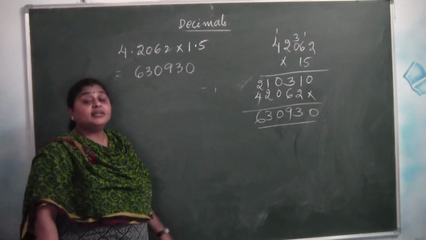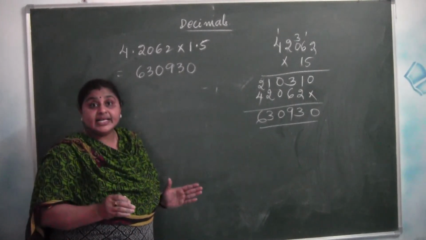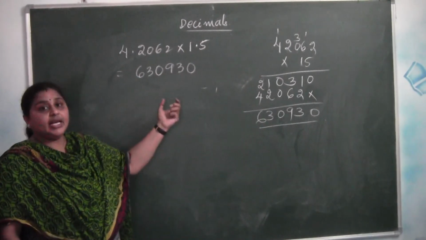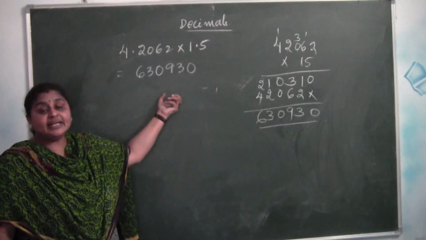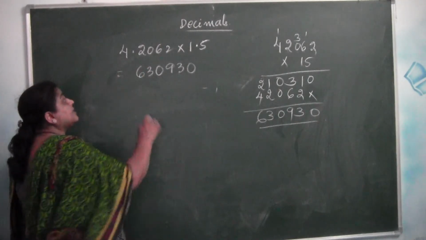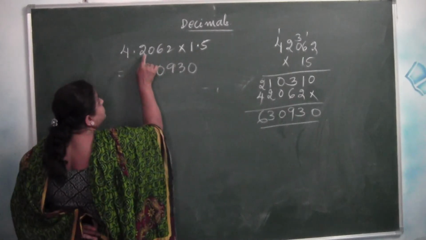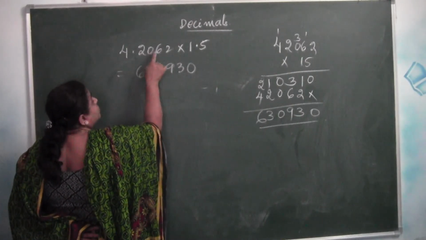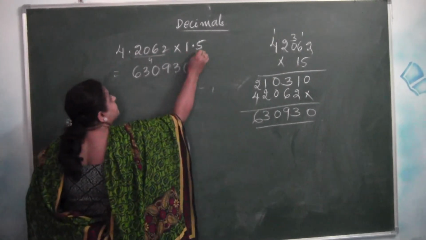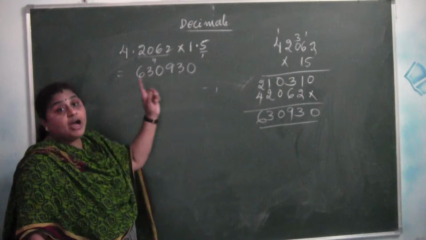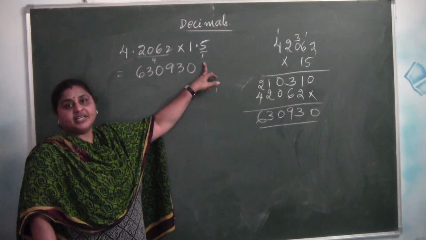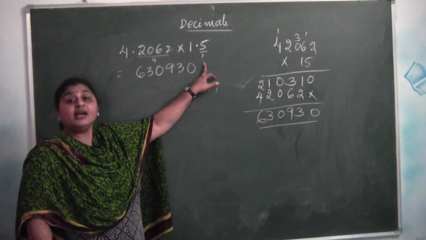So what did we do, children? First we removed the decimal and we multiplied the numbers. Now let us see before how many digits I need to place the decimal. See, in the first number after decimal how many digits do we have? 1 2 3 4. Right? And after decimal 1. Now total how many are there? 4 plus 1, 5. After decimal total how many digits are there? 5.